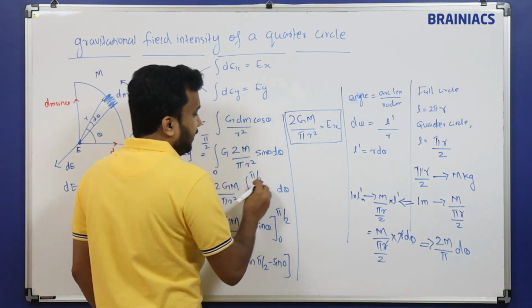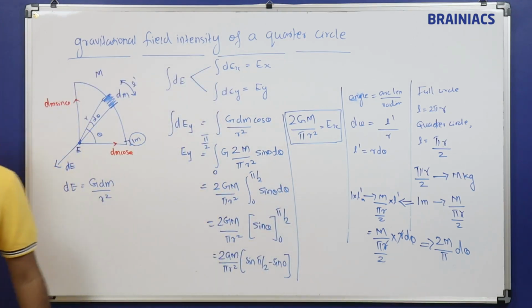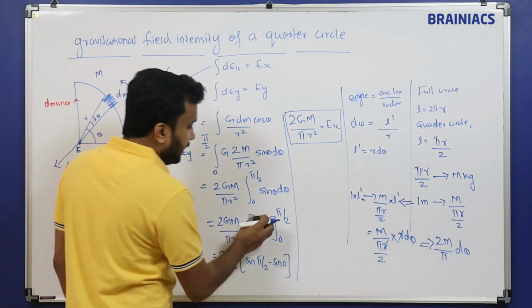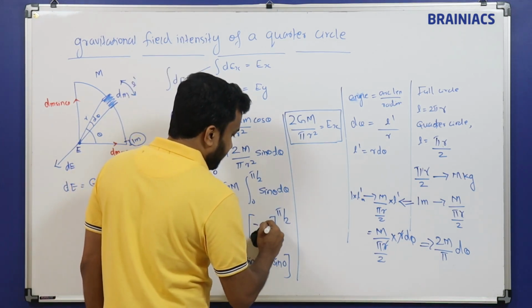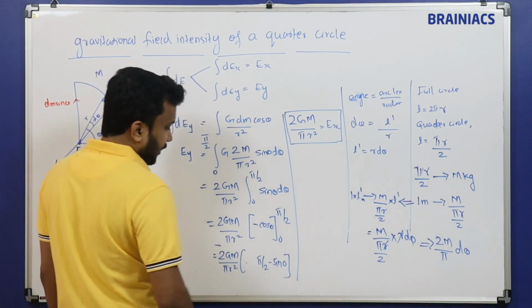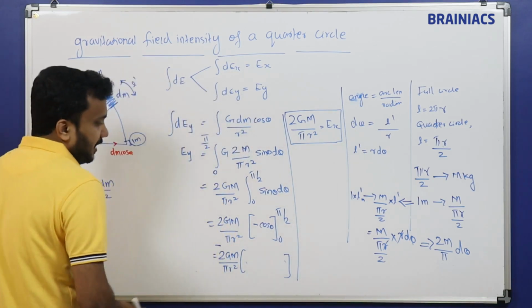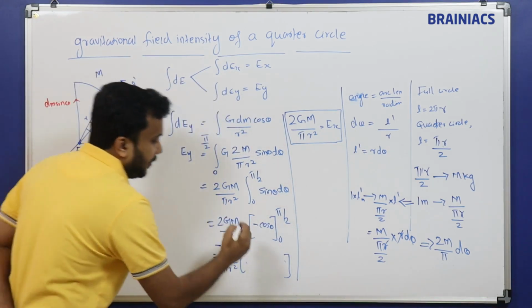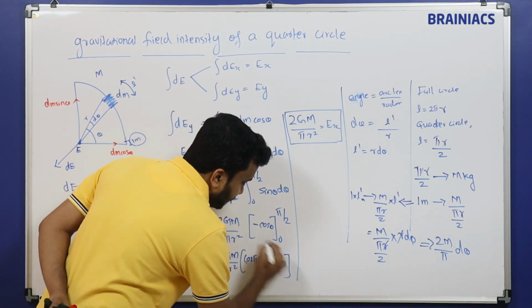So now we are integrating sin theta. The integral of sin theta means minus cos theta. The minus is taken outside, with upper limit minus lower limit: cos pi by 2 minus cos 0.